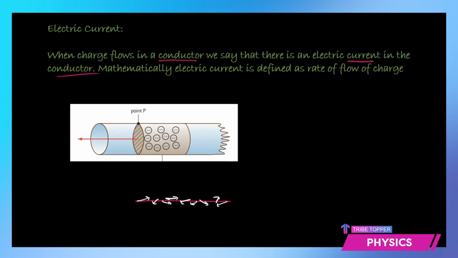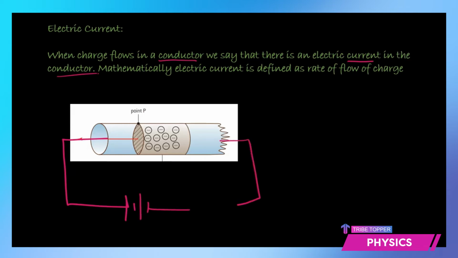But the moment you connect a conductor to a battery, with this being the negative and this the positive terminal, this aligns the electrons instantly.